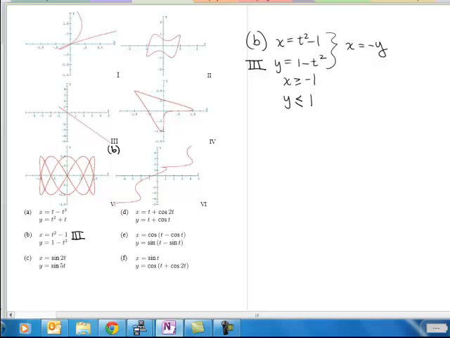All right. Then let's take a look at maybe the first one. So A, where x equals t minus t cubed and y equals t squared plus t. One thing you can notice is when t equals 0, we would have the point 0, 0 on the graph.